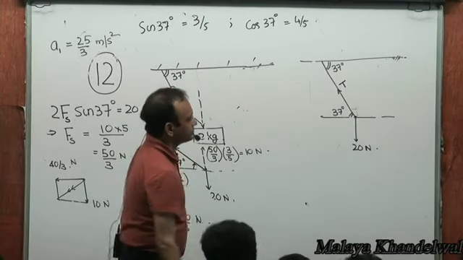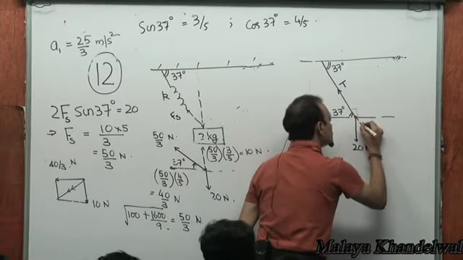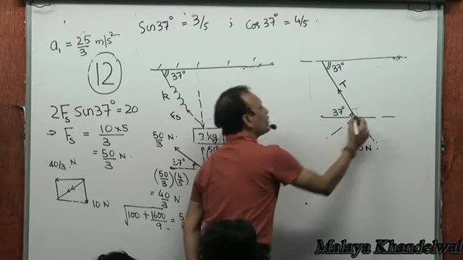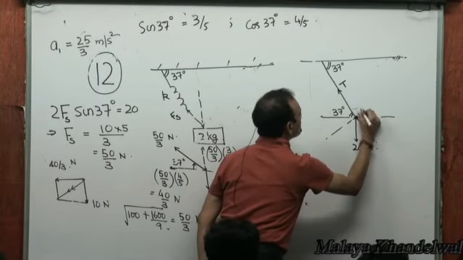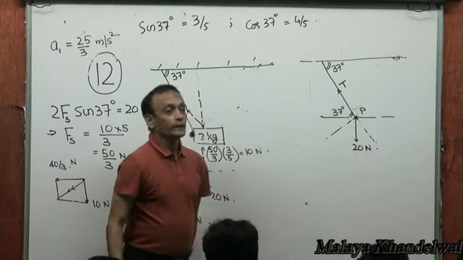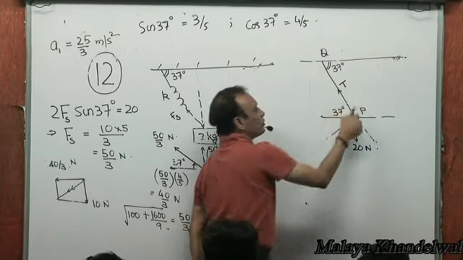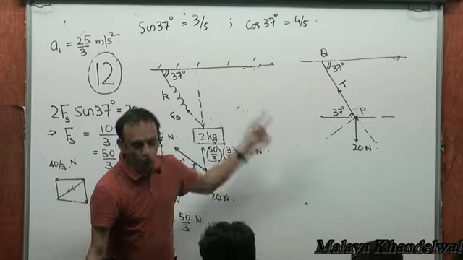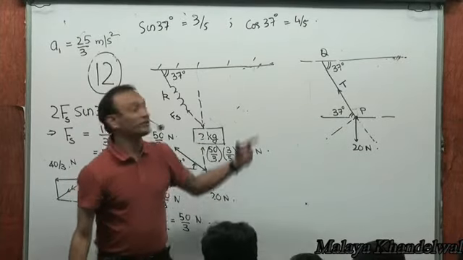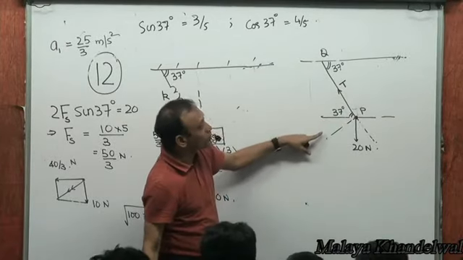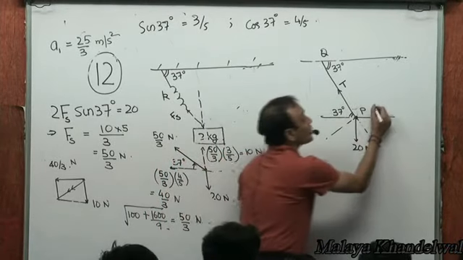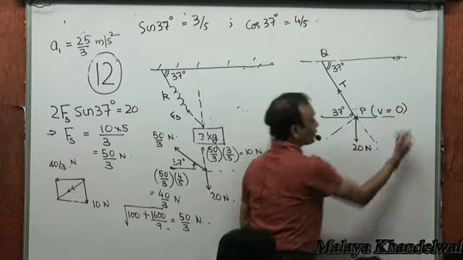Now tell me, what would be the motion of this particle, P? This is Q. What would be the nature of motion of this particle, P? Circular with center at Q and radius PQ. This would execute circular motion with center at Q and radius PQ. But its velocity initially is 0.